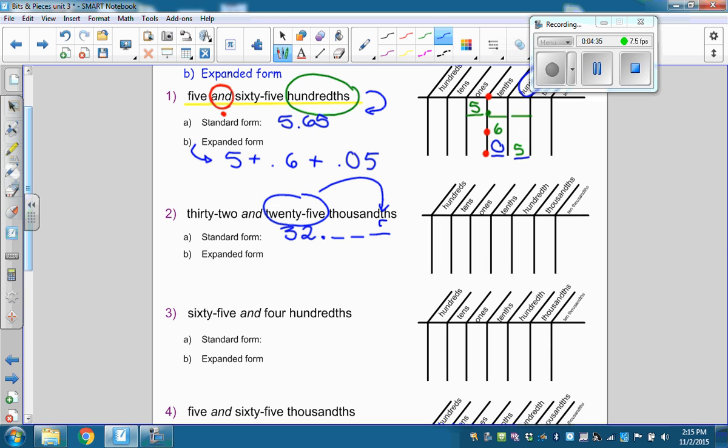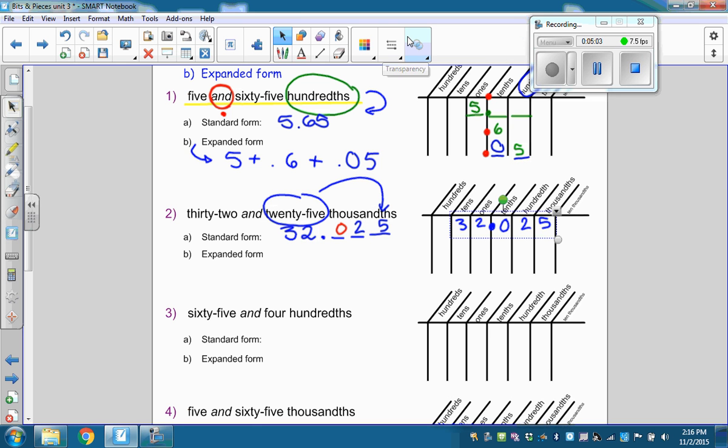So that means the 5's here and the 2's there, which means you need to put a 0 there. Let's get that. So if you were going to put that in a chart, over here, I'd have 32 and 25, I'd have to end in the thousandths column.